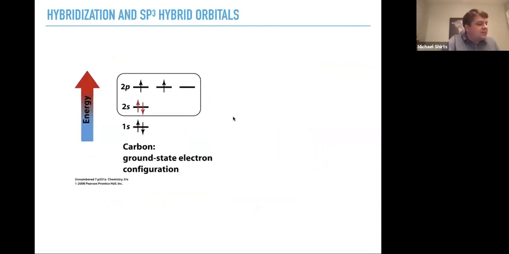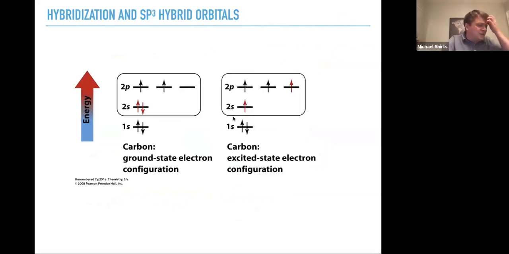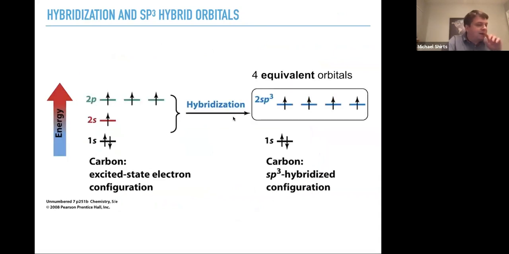So what happens here? Let's start with a carbon in a ground state electron configuration. And you can imagine getting carbon into an excited state configuration, so that they all have spin up, and then combining them. And so we get 4 equivalent orbitals that are sp3 hybridized.